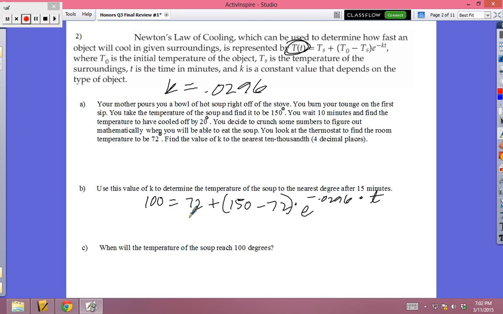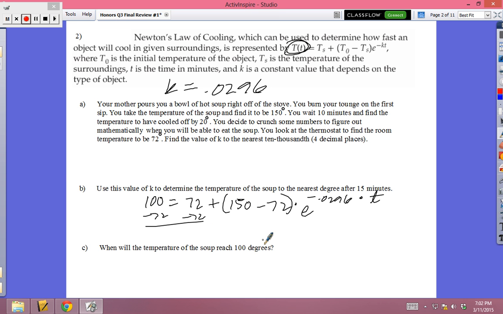So let's undo everything as much as we can. So this one's just like the first one, except instead of solving for K, now we're solving for T. So minus 72, minus 72. And then let's undo this 150 minus 72.